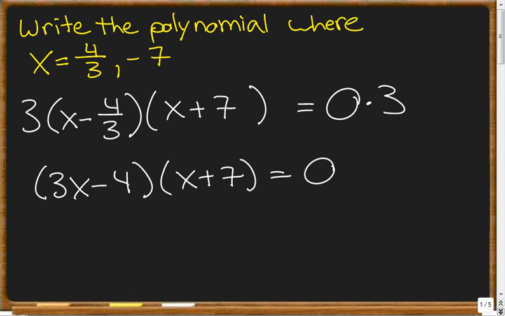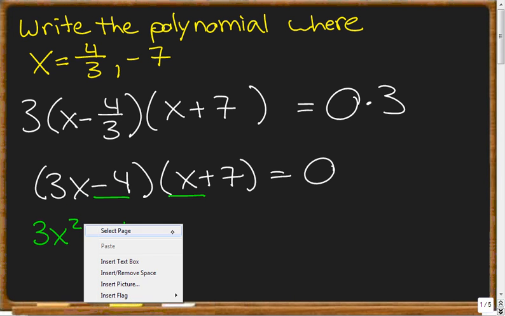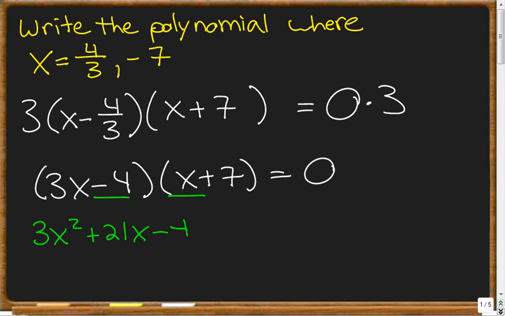So from here we want to FOIL. So we're going to get 3x squared, then we get the outside, which is 3x times 7, so that makes 21x. And then have the inside, which is -4 times x, which is minus 4x.